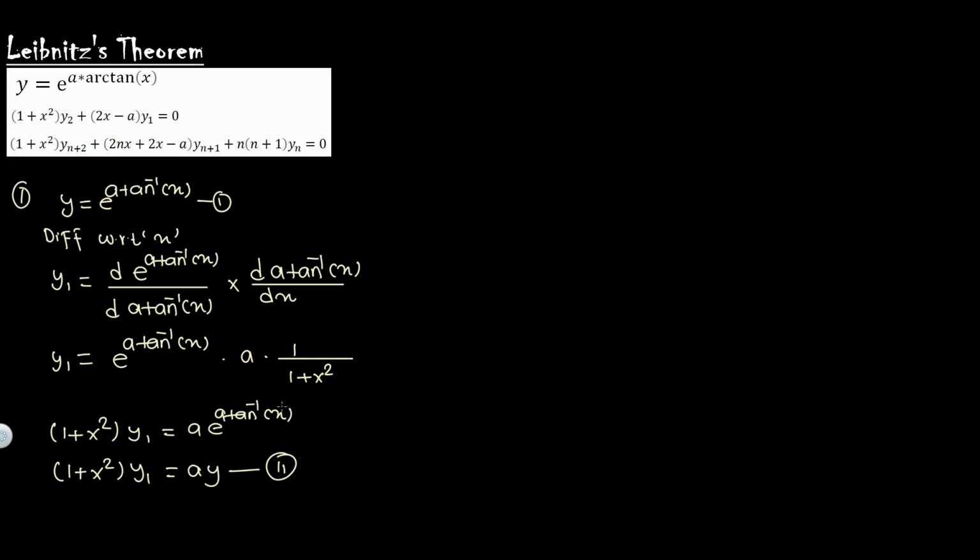Differentiating equation 2 with respect to x, we use the product rule here. Keeping 1 plus x square as it is, the derivative of y1 will be y2. Plus, keeping y1 as it is, the derivative of 1 plus x square will be just 2x, and since a is a constant, we can just write it as a, and the derivative of y will be y1.